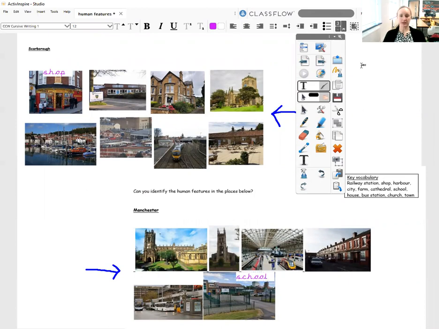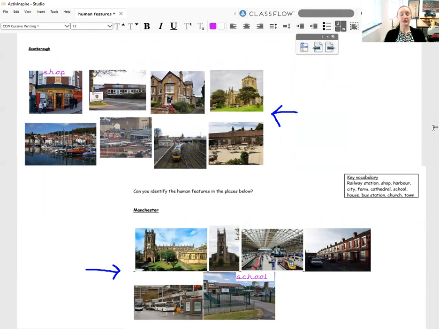Once you have labelled and compared the human features in both these places, I want you to tell me whether Scarborough is a town or a city, and how do you know? So have a little think. Is Scarborough a town or a city based on those human features we've had a little look at? And tell me, how do you know?